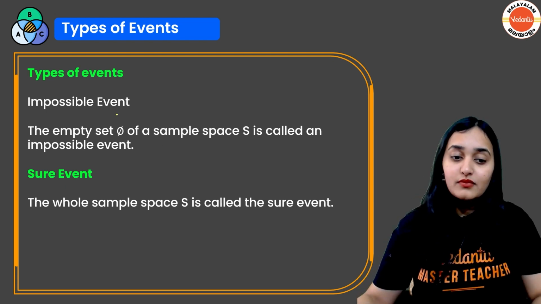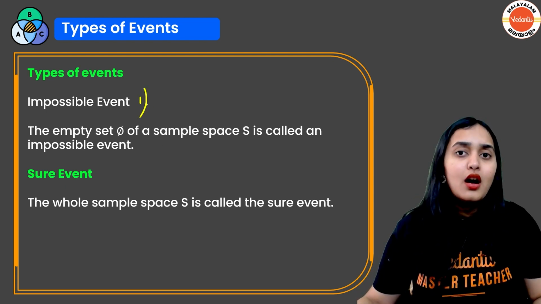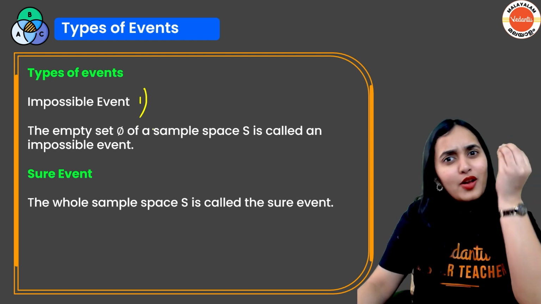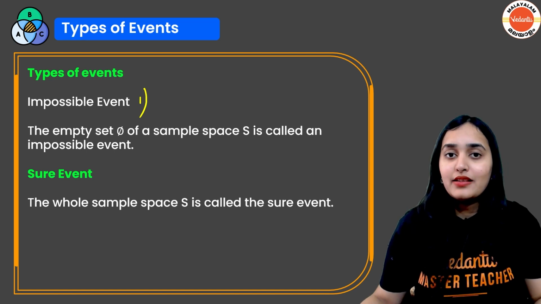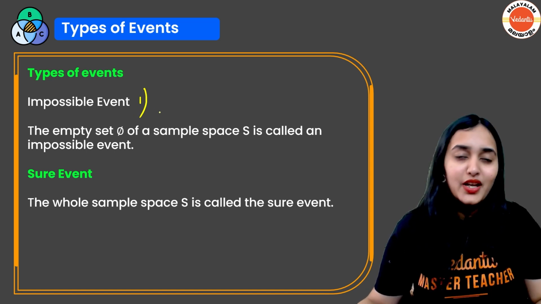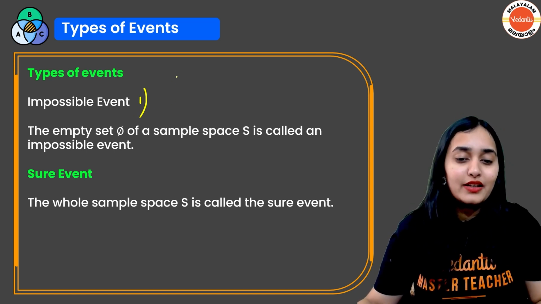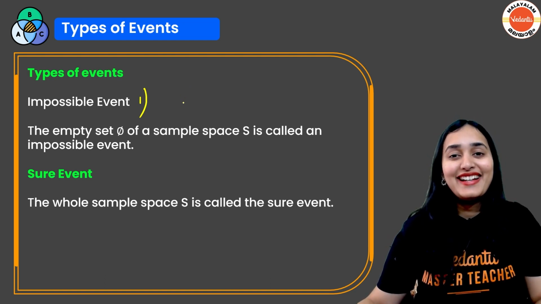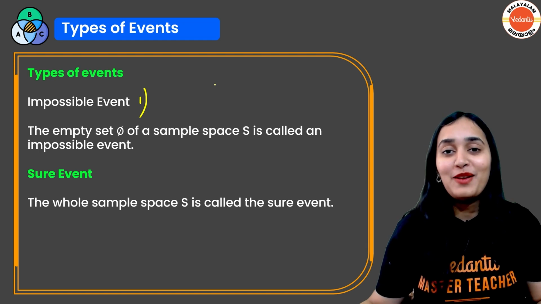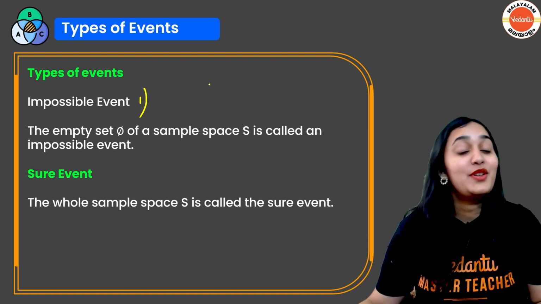Number 1, impossible event. What does the name suggest? Impossible to happen. Okay, so any event that is impossible to happen, can you name any? There are so many examples. For example, don't say that RCB winning an IPL is an impossible event. It has been impossible from the past 9 to 10 years, but you never know, right?